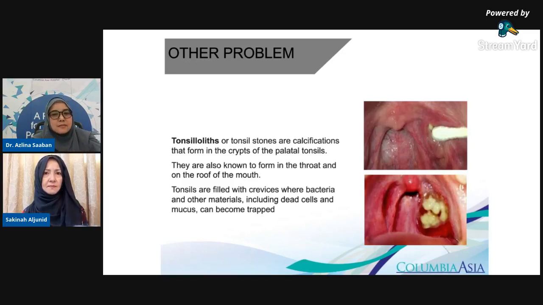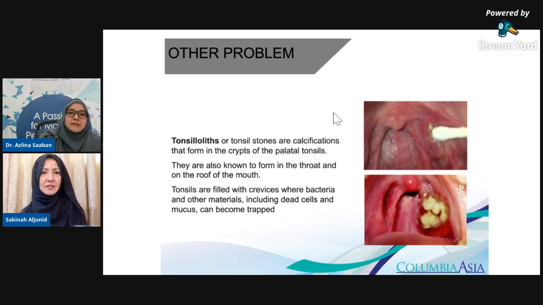Sometimes patients want the tonsil removed, because we can only get rid of this by removing the tonsil if it keeps recurring. This is excess calcium, because of the trapped materials, mucus, dead cells and bacteria inside, so it forms stones.